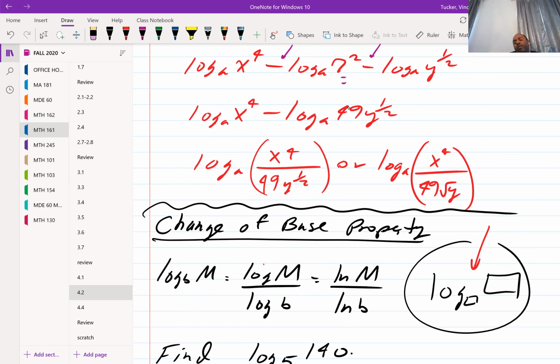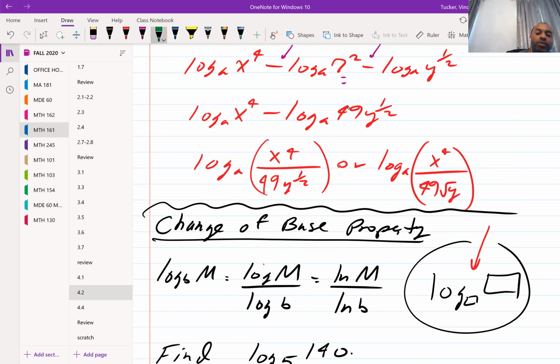The reason why they give you this as an option is because remember I mentioned before that most calculators will have the common log and the natural log guaranteed, but there's no guarantee that you will have the option like this right here, where you can change the base of your log and put in any base that you would like. So the only options that you have is the common log or the natural log in your calculator. That's when the change of base theorem comes into play.